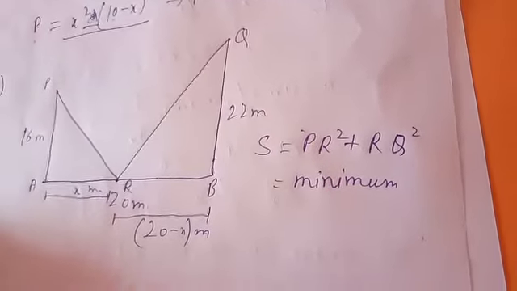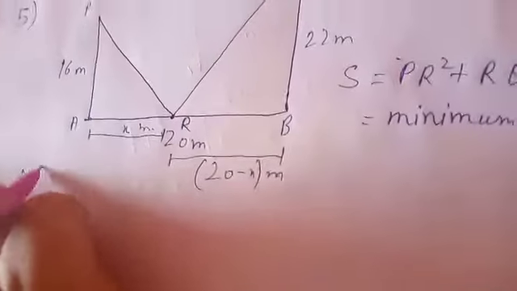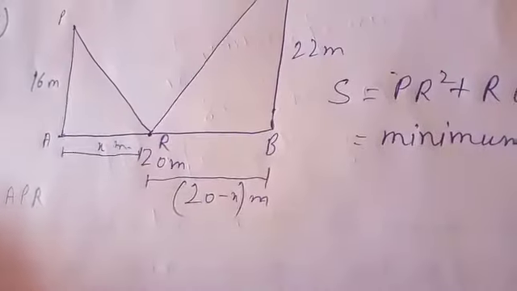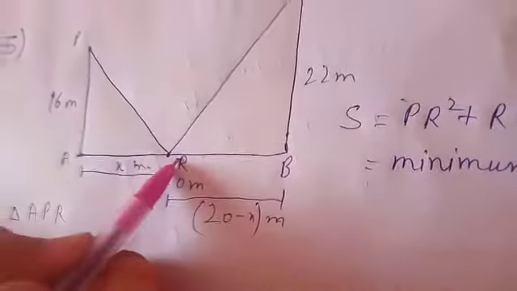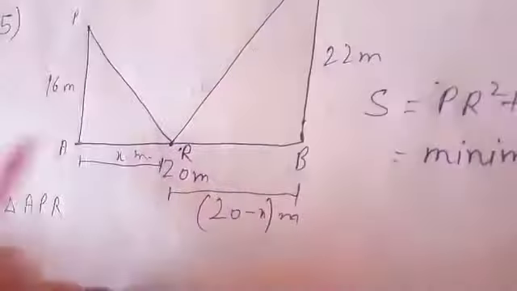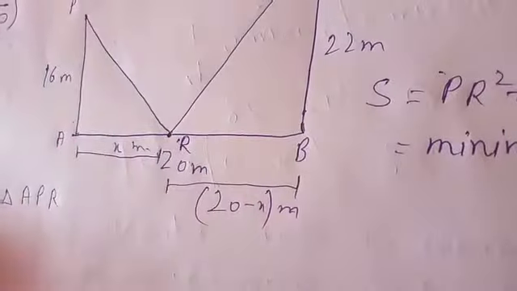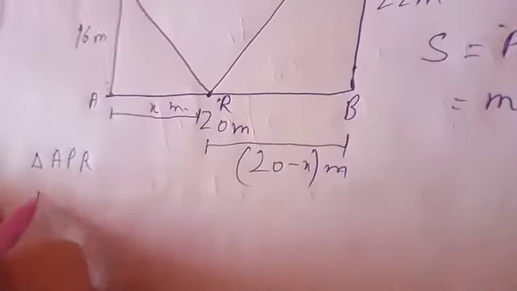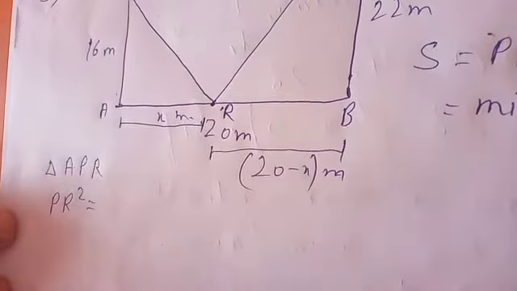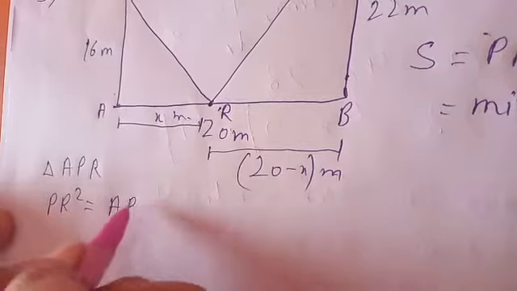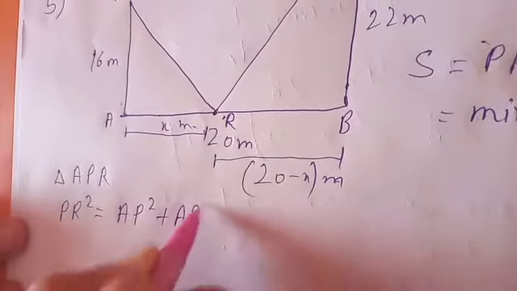So how can we do that? First of all we will take triangle APR. PR is the hypotenuse, AP is the perpendicular, and AR will be the base. So PR square will be equal to AP square plus AR square.